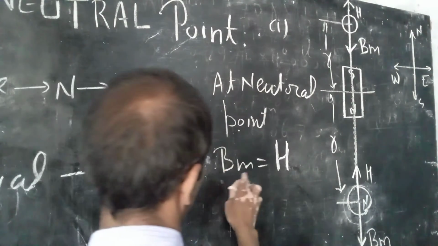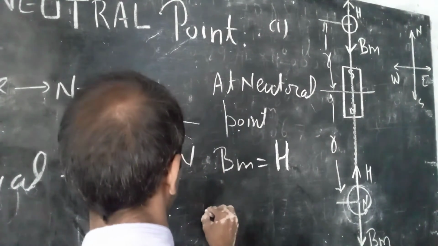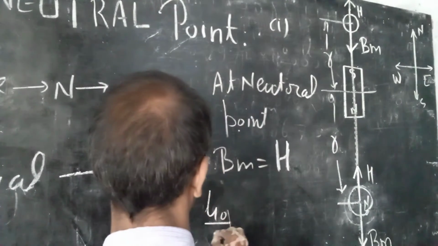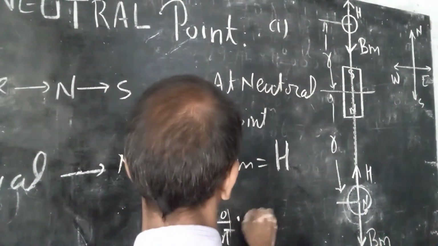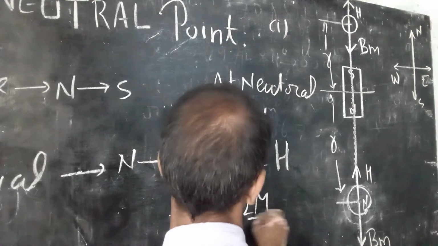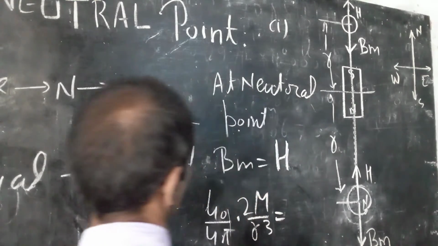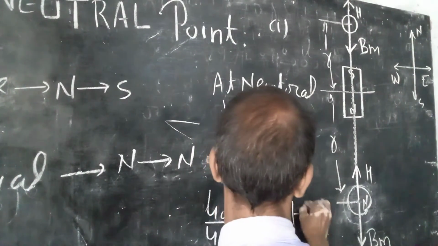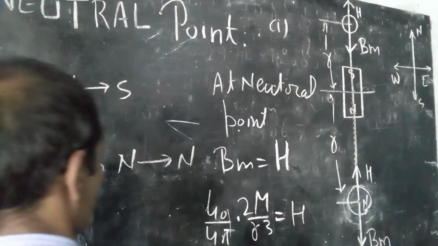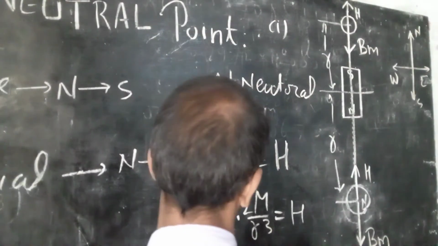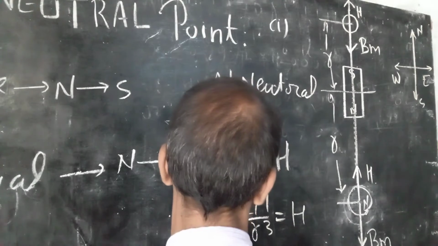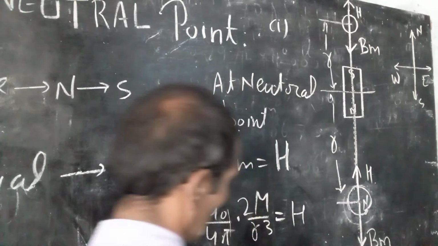The magnetic field produced by the bar magnet on the axis is mu naught upon 4 pi, 2M by r cube. This is equal to H. The value of mu naught upon 4 pi is 10 raised to power minus 7.